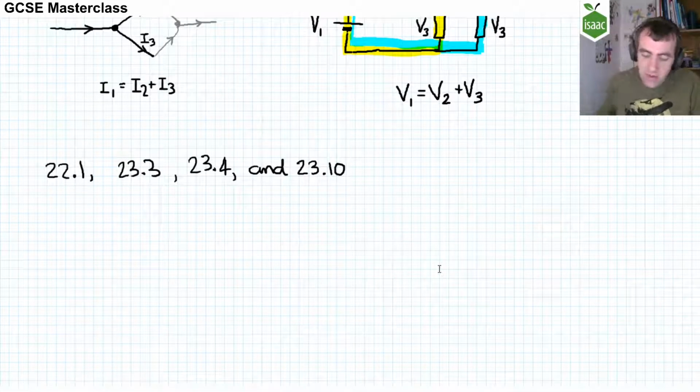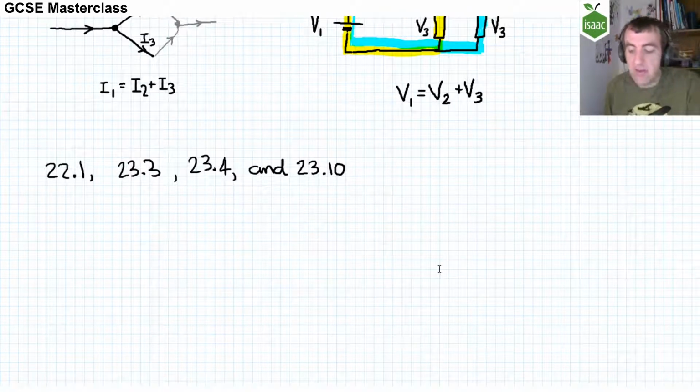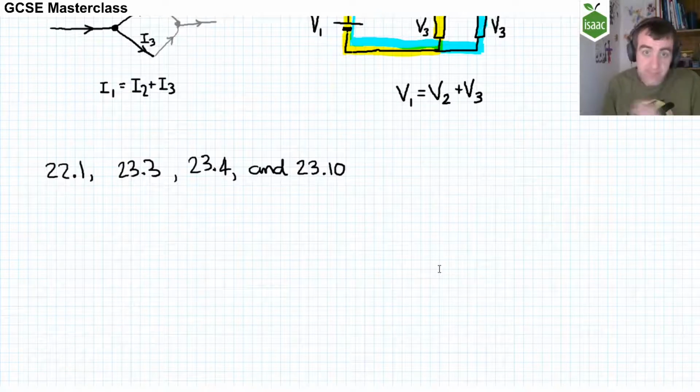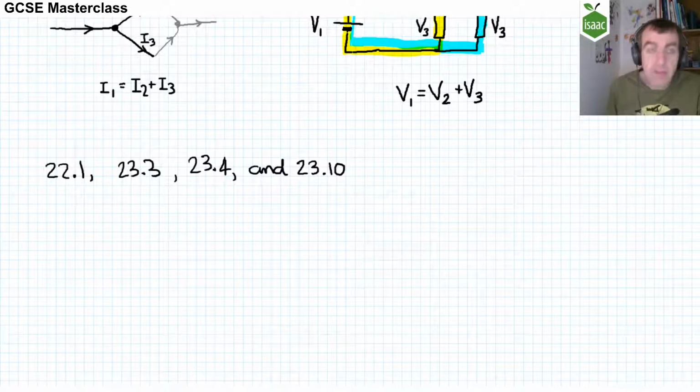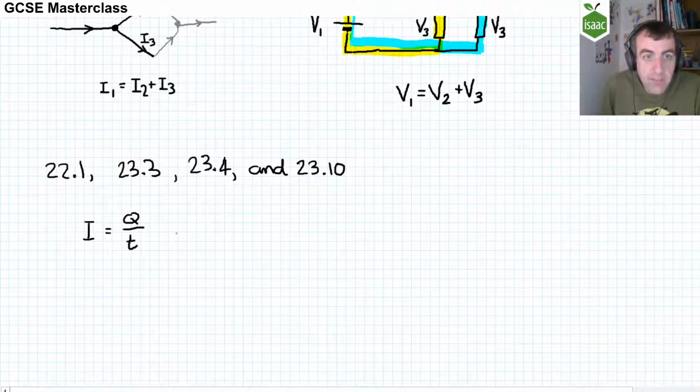In this question we are asked to calculate the time it takes for a certain amount of charge to flow. Our equation for current, the definition of current, is the amount of charge that flows divided by the time.